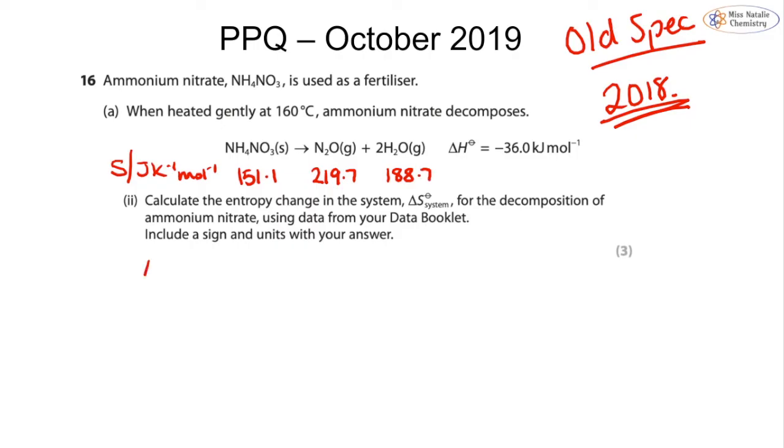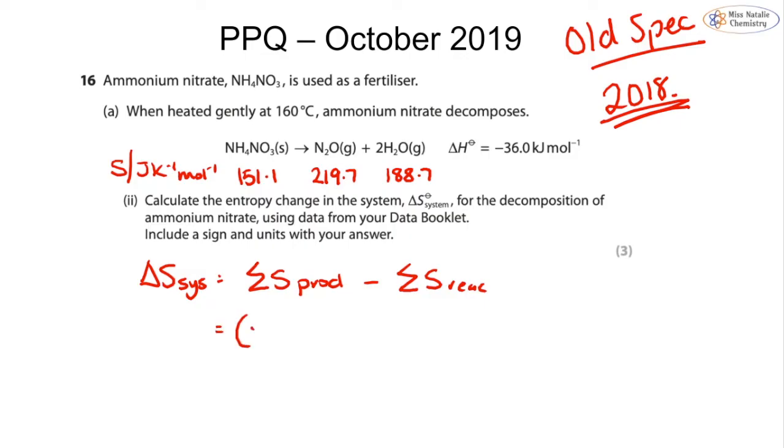So our entropy of the system is equal to the entropy of the products subtract the total entropy of the reactants.